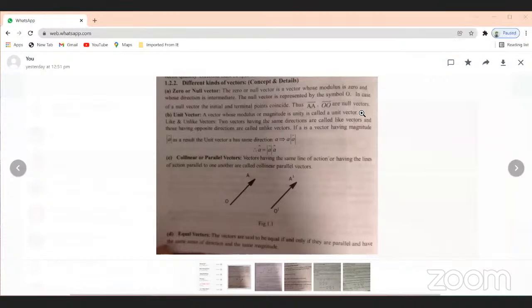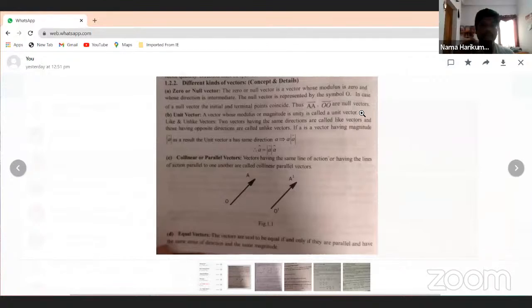So what are the differences between equal vectors and parallel vectors?